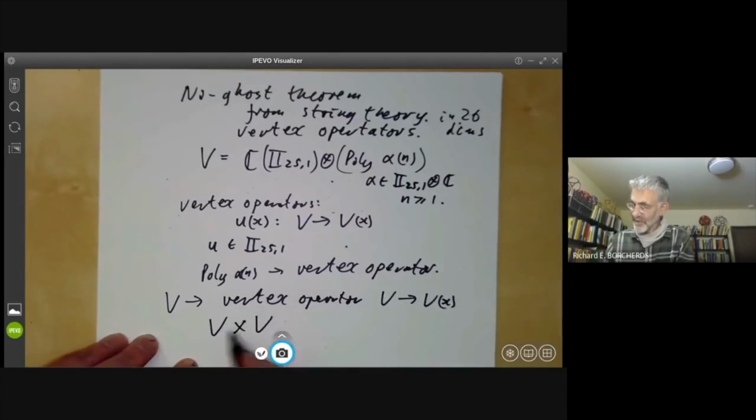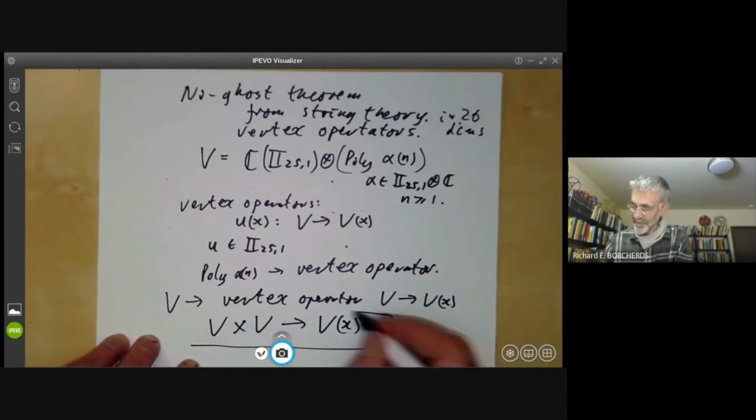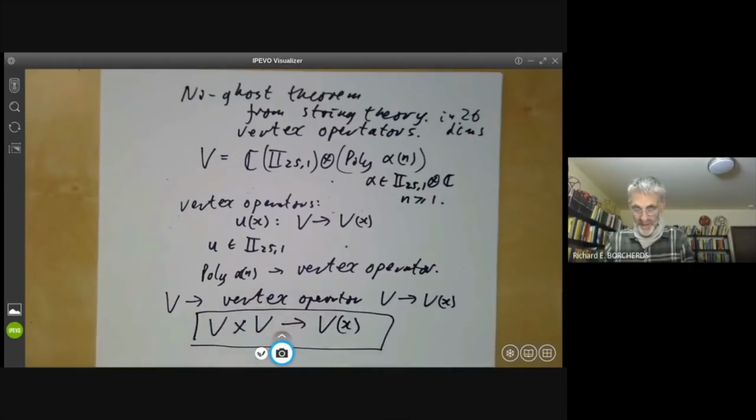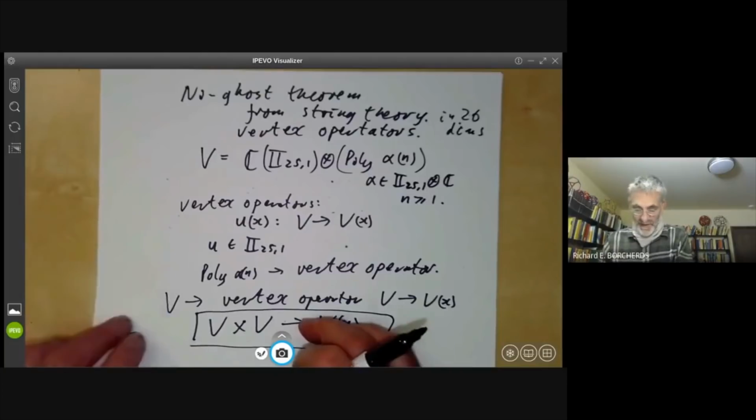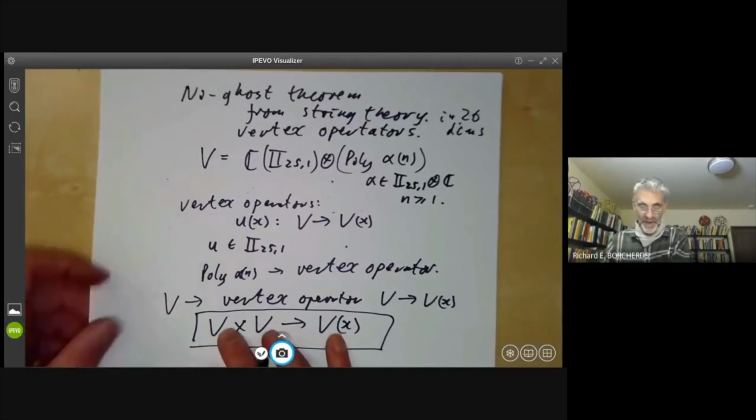So we've got a bilinear map from V and V to, not to V, but to Laurent series in V. So this is sort of the beginning of an example of a vertex algebra.